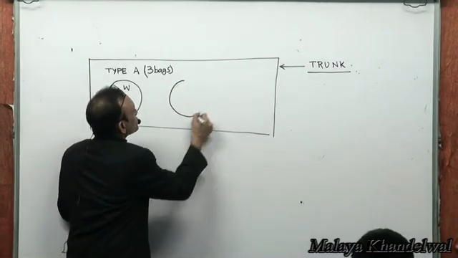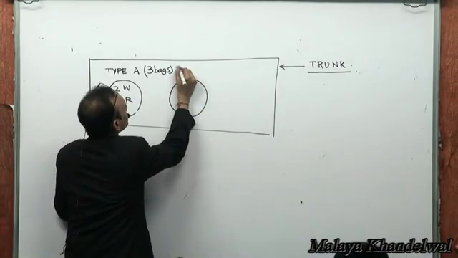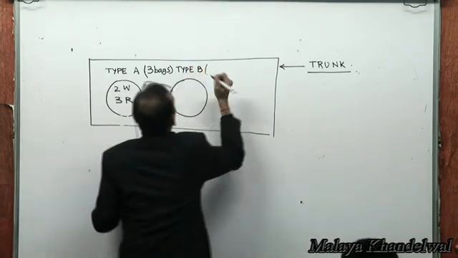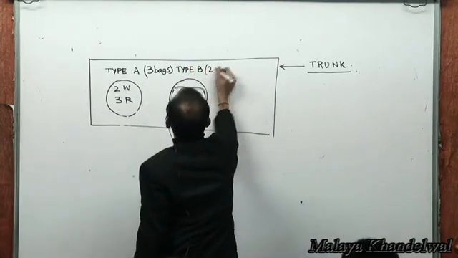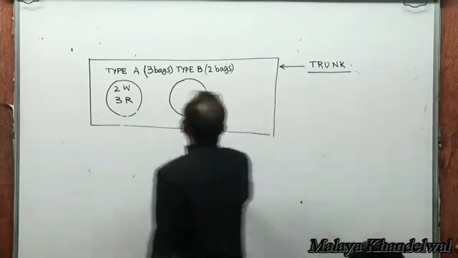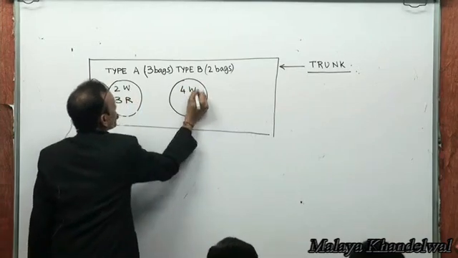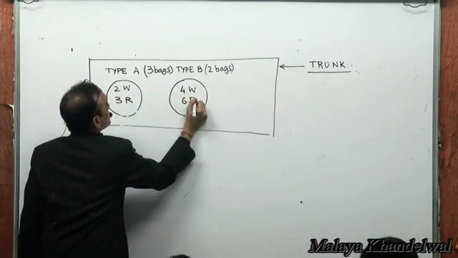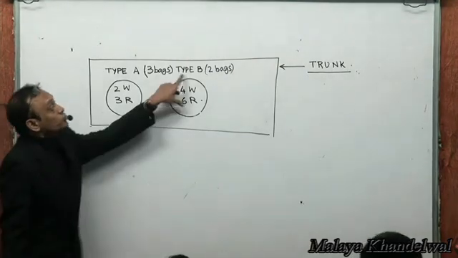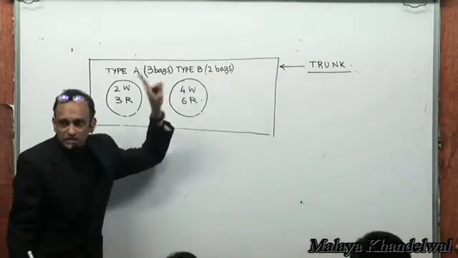Then there is type B. And say there are 2 bags of this type, and this has 4 white balls and 6 red balls.